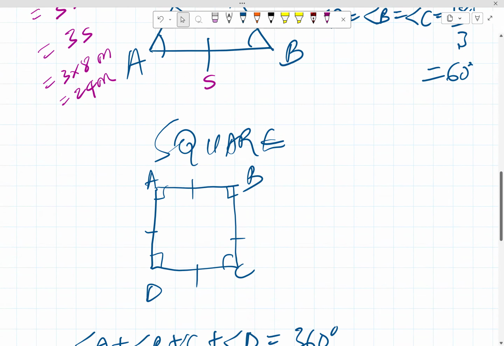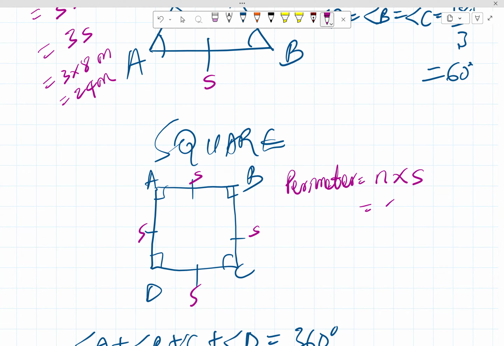For the square, all the sides are S each, so S, S, S, S. The perimeter is simply the number of sides, N, times S. So that's 4S here. If S is 8, you have 4 times 8 meters. Its perimeter is still a length, so you have 32 meters.